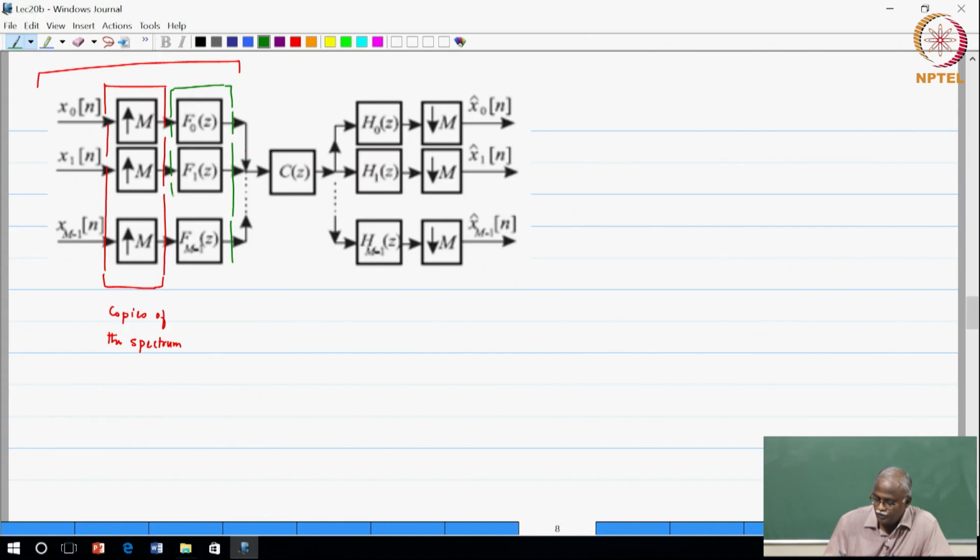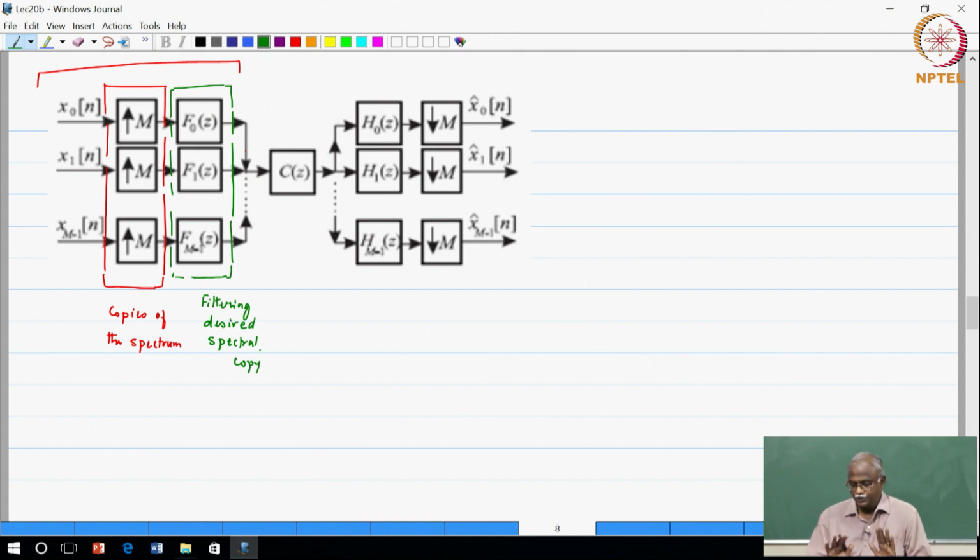Depends on how you have designed the filters, you get a bank of filters, and this is the portion where we do the filtering, filtering the desired spectral copy. You keep the desired spectral copy, throw away the others. Okay.